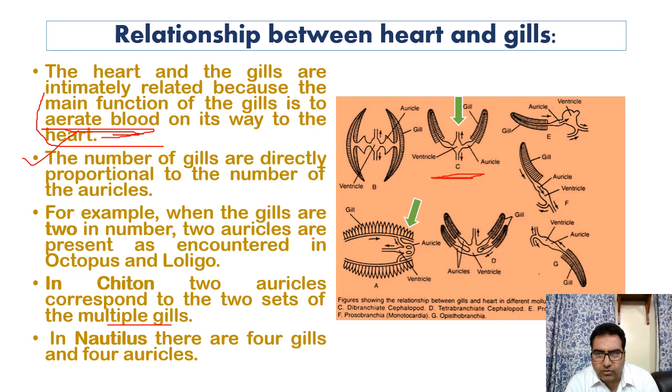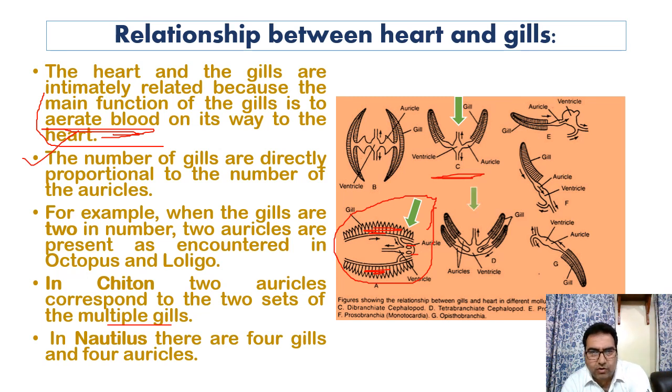This is the chiton here. This is one auricle and this is another auricle. So the two auricles correspond to the two sets of multiple gills. This is one set and this is another set. Hence the auricles are also two.